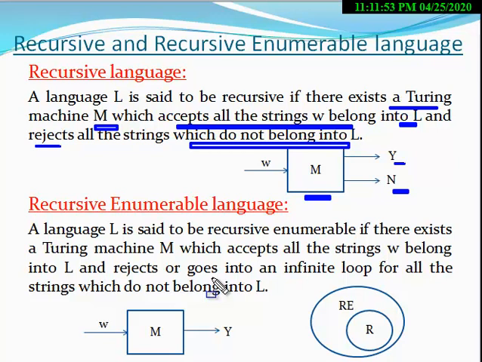So again, repeat the definition. A language L is said to be a recursive enumerable language if there exists a Turing machine which can accept all the strings belonging to L and reject or go into an infinite loop if the string does not belong to L, right? So if the language is recursive enumerable, then there exists some Turing machine.